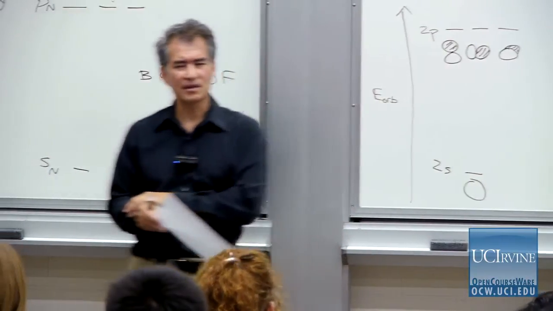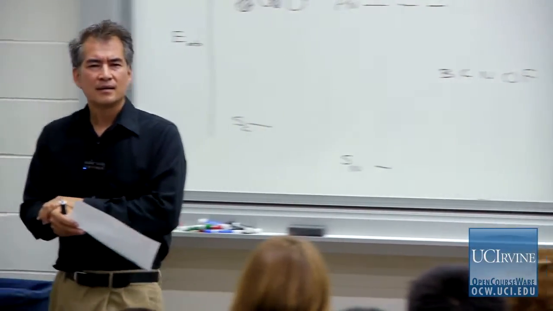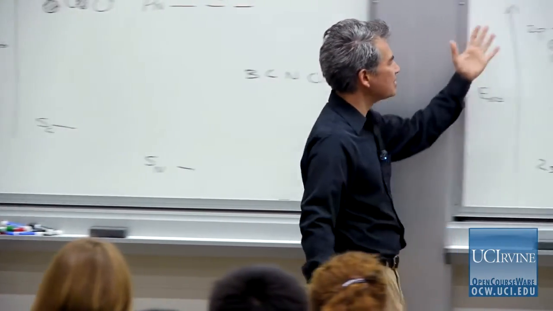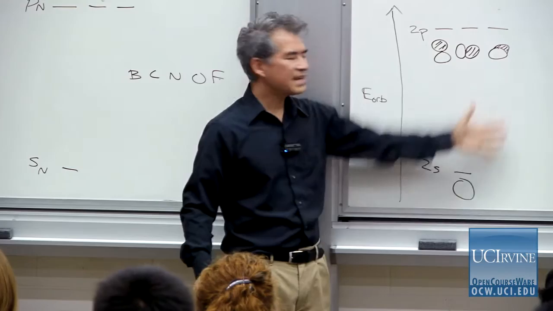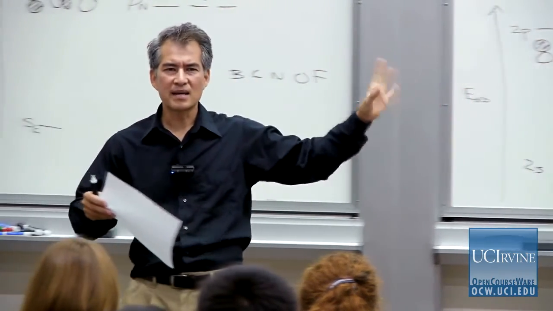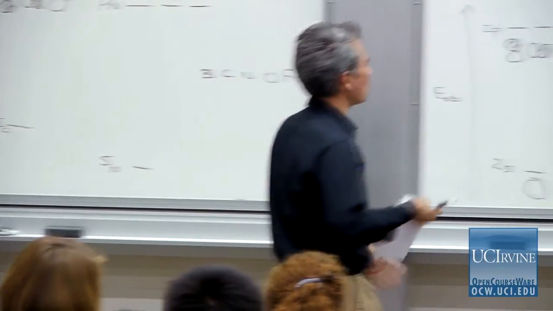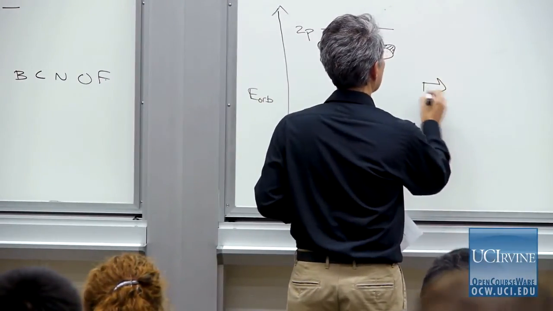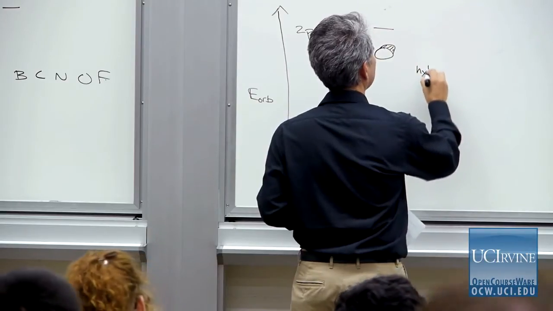What I want to do is think about the fact that in order to get ready for bonding, we can think about this in a different way. We can take exactly that same carbon atom, if this is carbon, and think about a different set of 4 orbitals by mixing orbitals together. We're going to call this hybridization.